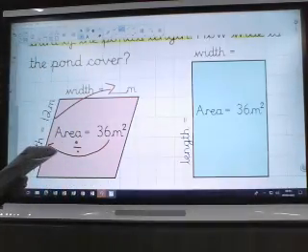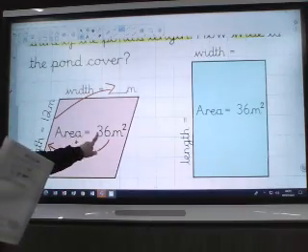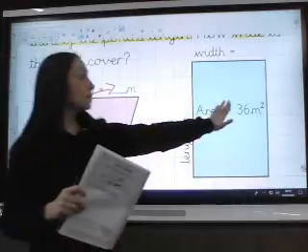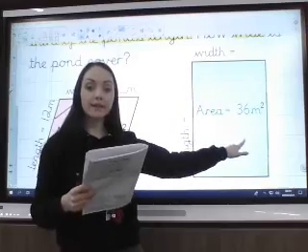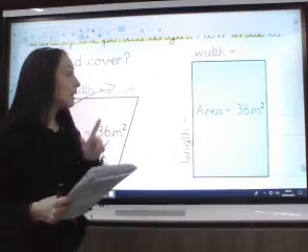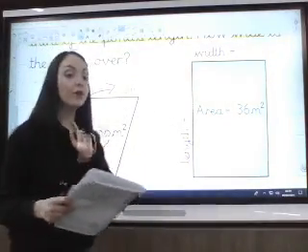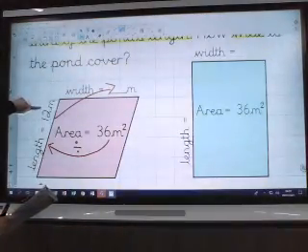Now, it says a rectangular pond cover has the same area as the pond. So the area of the pond was 36 metres squared. So I know that the area of my rectangular cover is the same. So that's 36 metres squared as well. But its length, the length here that I've left blank, is 1/3 of the pond's length. So the pond's length was 12 metres.